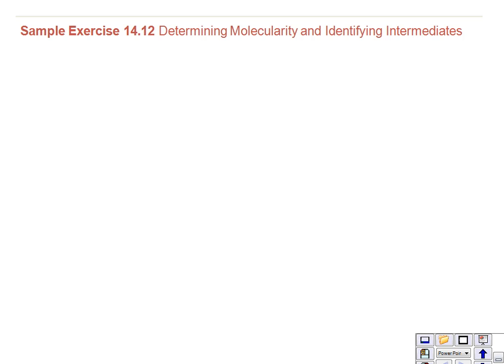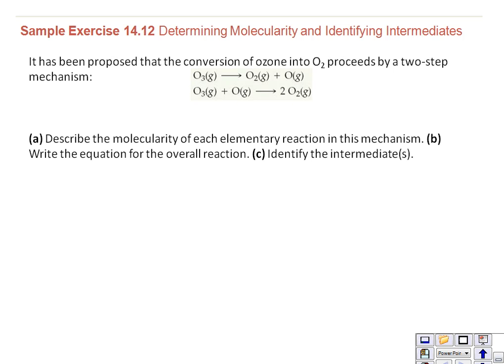So, sample exercise. Determine molecularity and identifying intermediates. Describe the molecularity of each elementary reaction in this mechanism, write an equation for the overall reaction, and identify the intermediates. It's been proposed that the conversion of ozone proceeds in a two-step mechanism. First of all, we need to describe the molecularity of each.